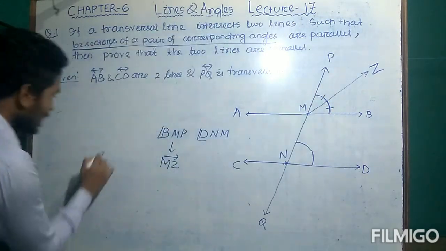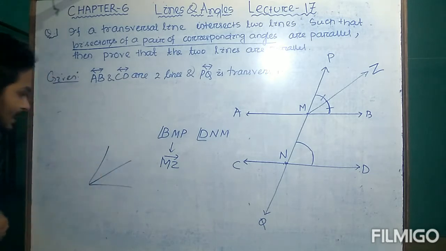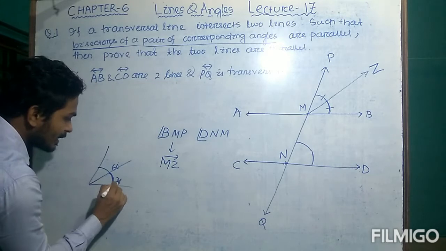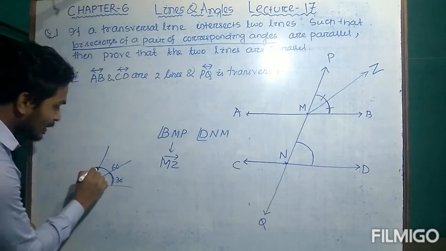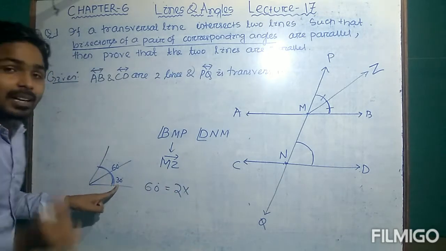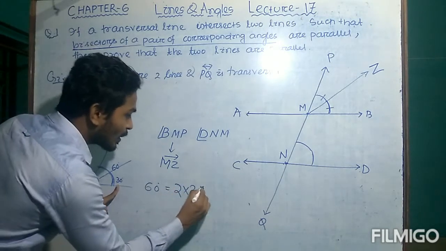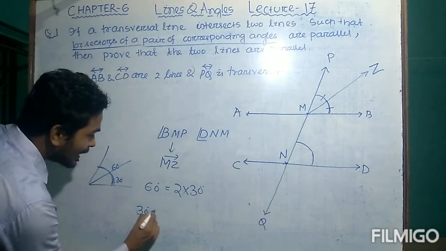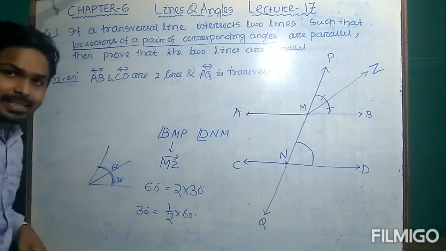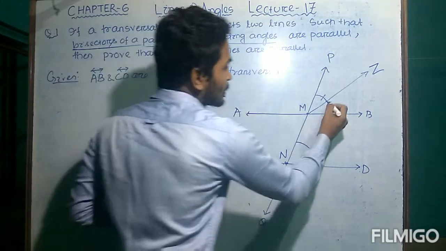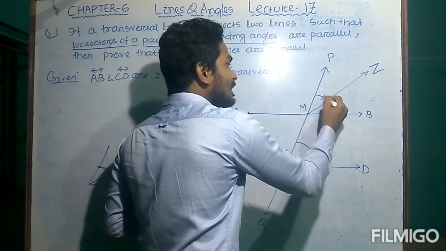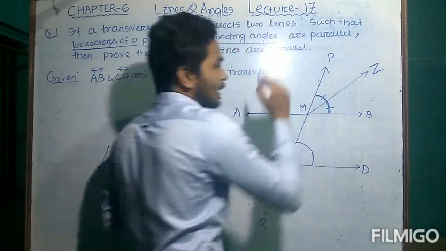See, if this is the angle bisector and the total angle is 60 degrees and each half is 30 degrees, then can you write that the total angle is 2 times each half, or each half is equal to half of the total angle? Yes. Similarly, here also this half is half of the total angle and this half is half of the total angle.